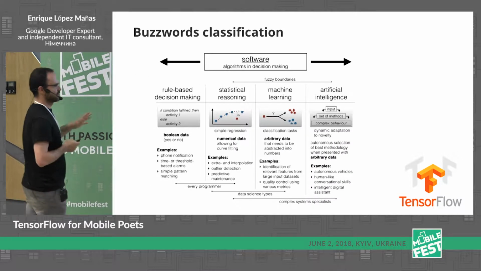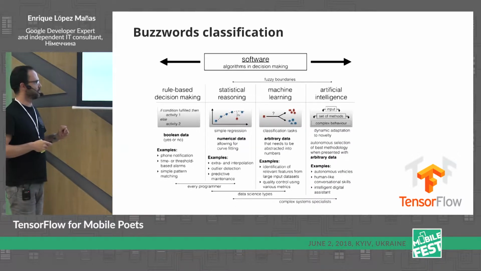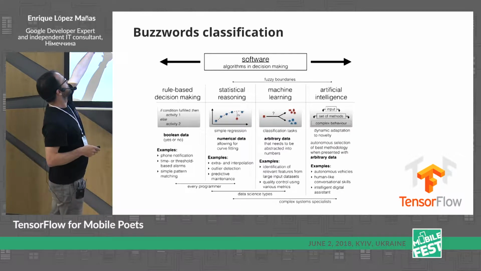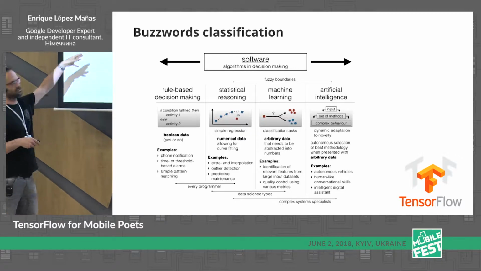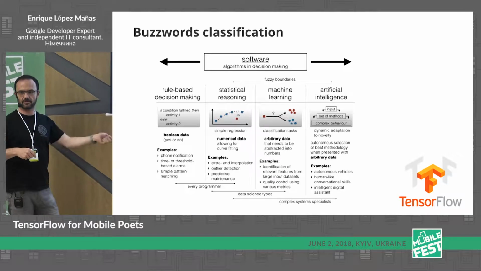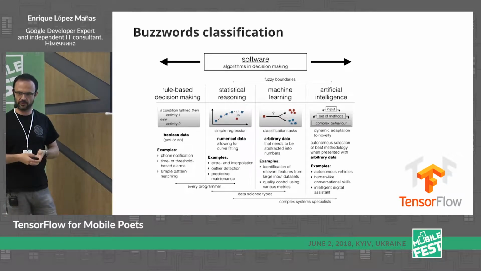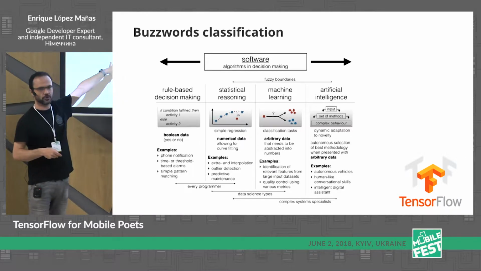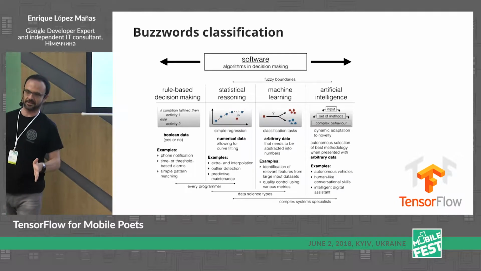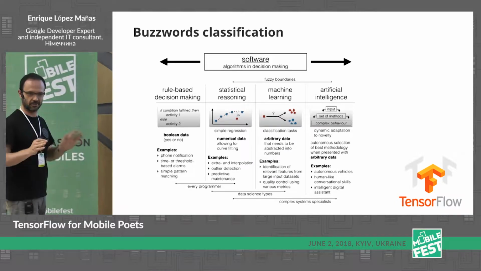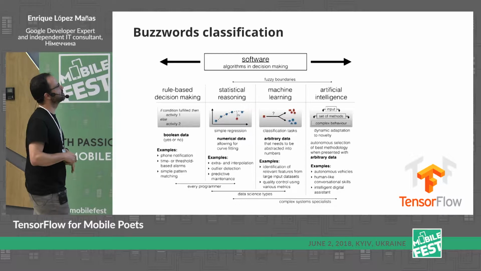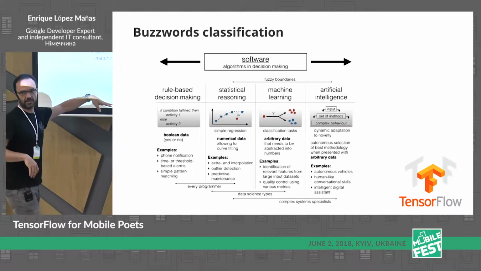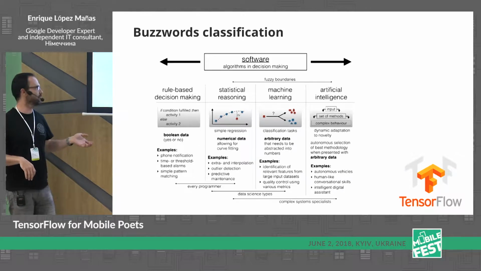I saw this classification somewhere on Twitter. I don't remember exactly where. I found it very accurate as well. We have rule-based decision-making systems, like if this, then the other, or a switch where we go through different conditions. So if you see this in any source code, please, that's not artificial intelligence. That's an if-else condition. You can implement them in any language. We also have statistical reasoning, where we can do interpolation and extrapolation of data.